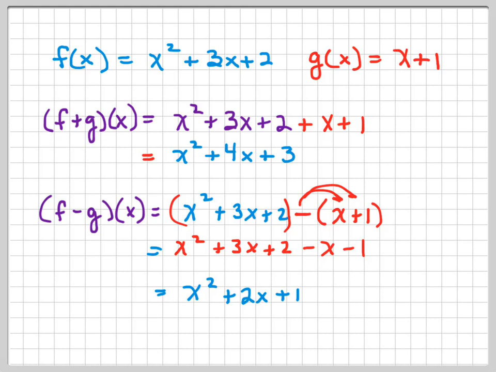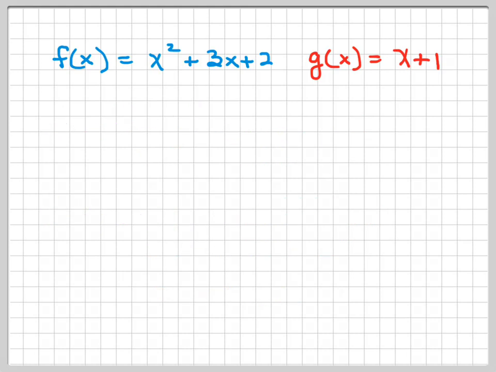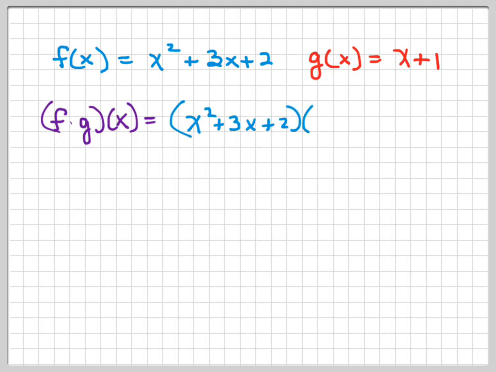So there's addition and subtraction of two functions. Alright, let's use these same two functions now. Next we have multiplication. So we can do f times g of x. It looks like this: x squared plus 3x plus 2 times x plus 1. This is in factored form right now, almost completely factored, but we'll go ahead and multiply it out.